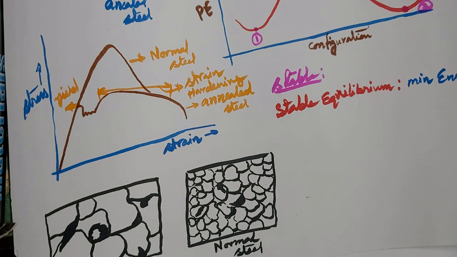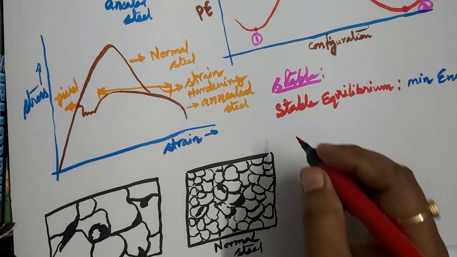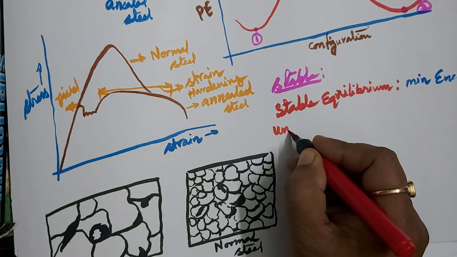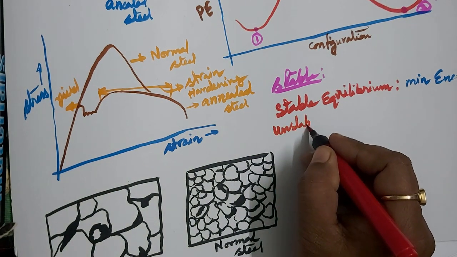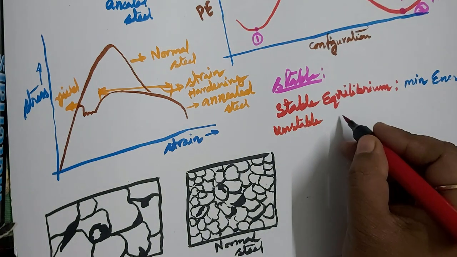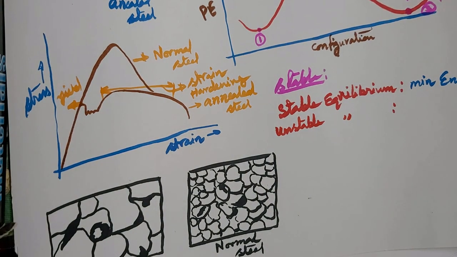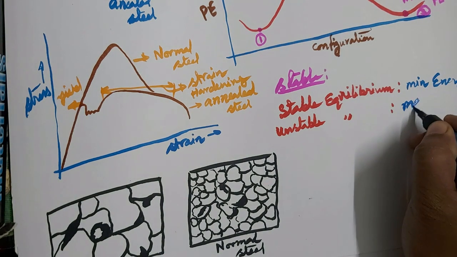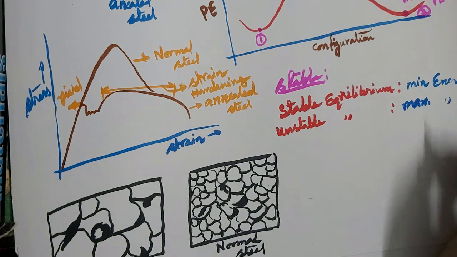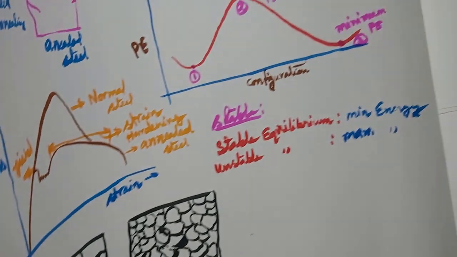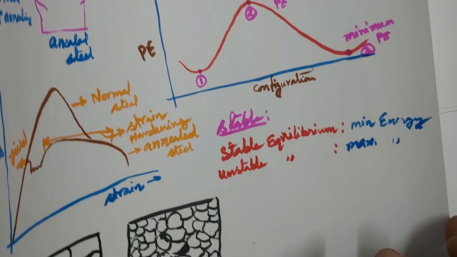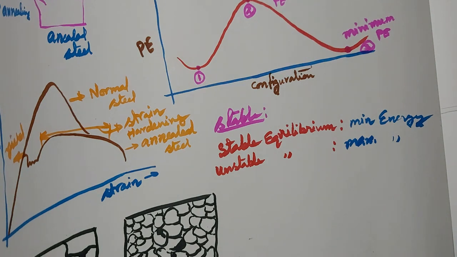Then unstable equilibrium: maximum energy. Unstable equilibrium means maximum energy.